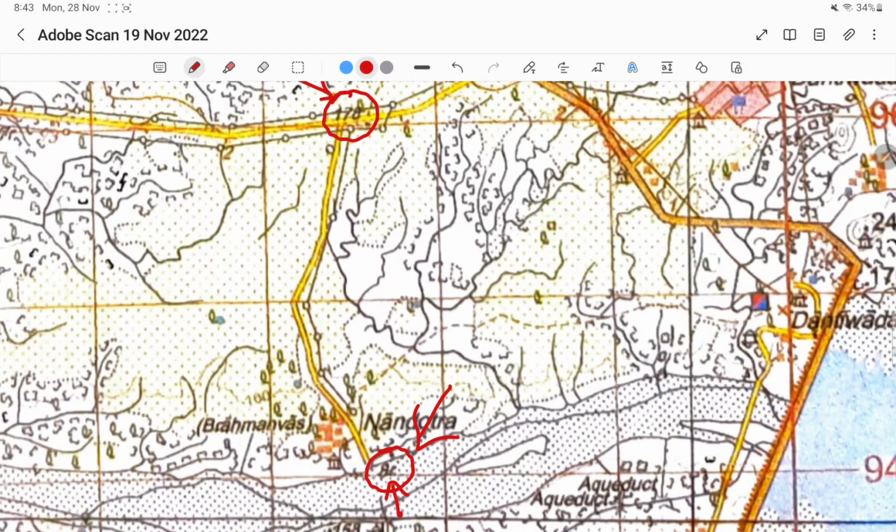First, we calculate the distance from here to here, which will be step number 1, and we will measure it with our normal ruler. Step number 2 is to measure from here to here. So in 2 steps we can easily measure the distance in kilometers of this particular metal road.